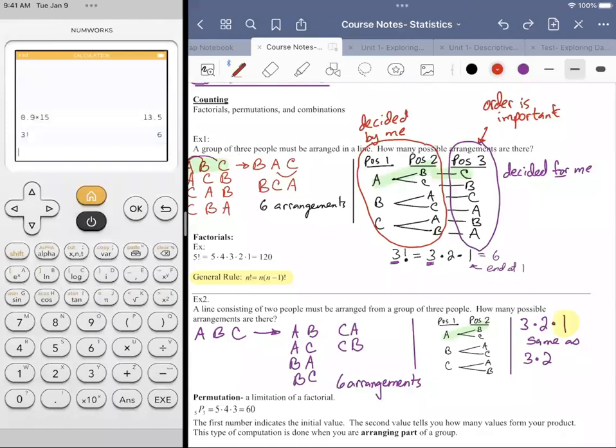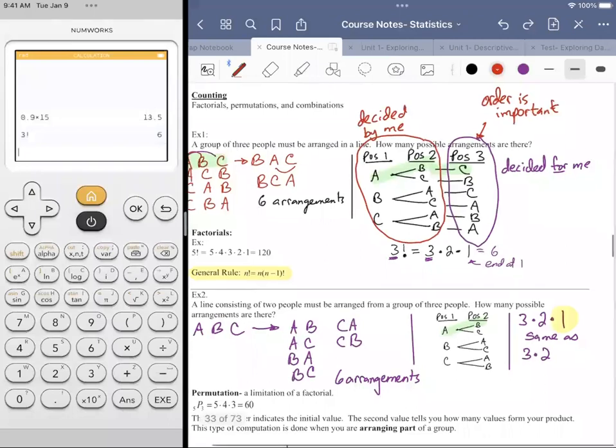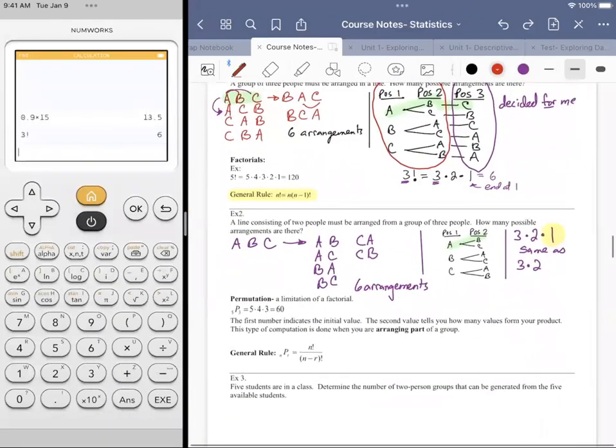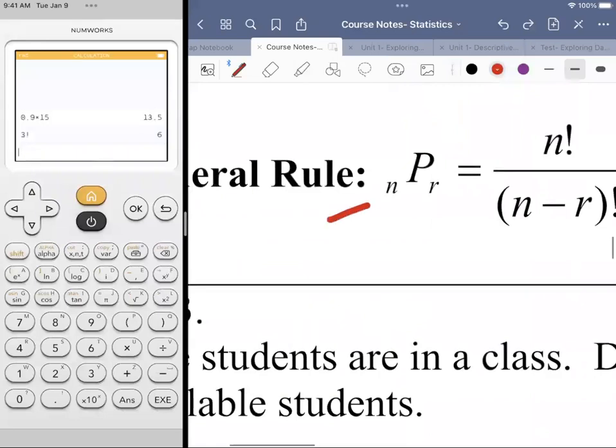Now, in terms of a shortcut in the calculator, that's where the nPr notation comes into play. All right. So you see the nPr down here. I'm going to zoom in a lot real quick. This is the number of individuals available.